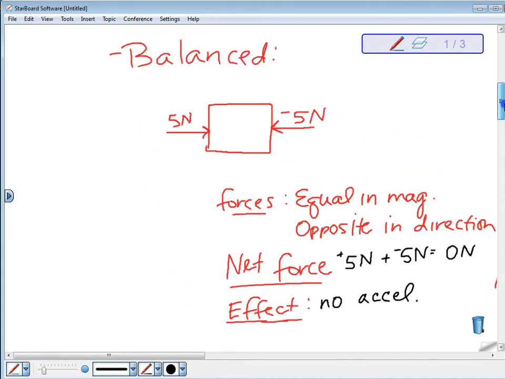Similarly, this object up here that has balanced forces acting on it, that doesn't mean that it isn't moving. It could very well be moving, and its movement is not being changed by the forces. There is no acceleration. That doesn't mean that there's no velocity. Remember that an object can have velocity without having acceleration.